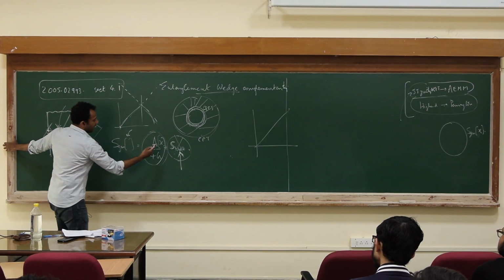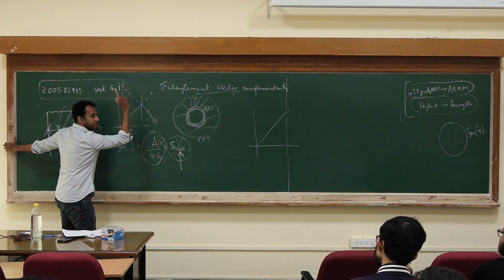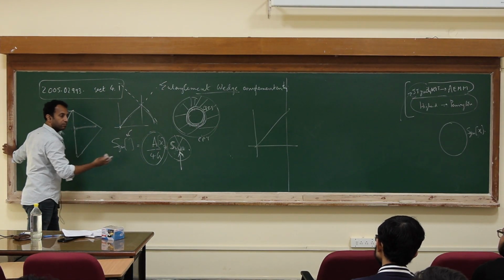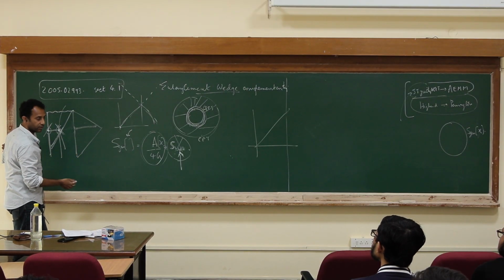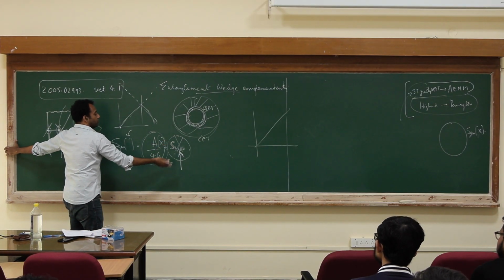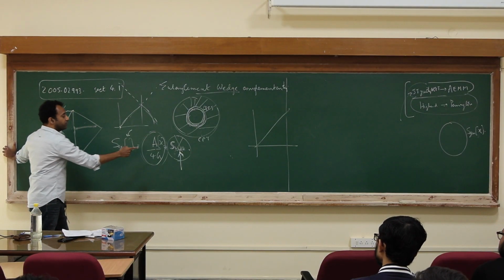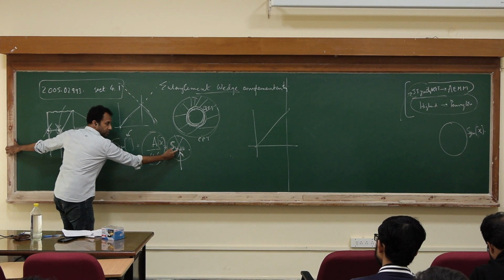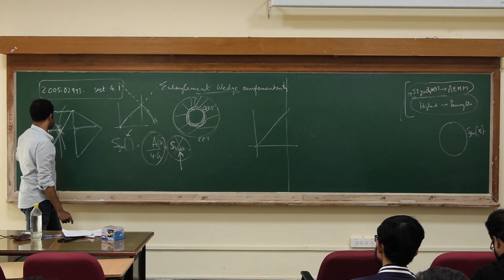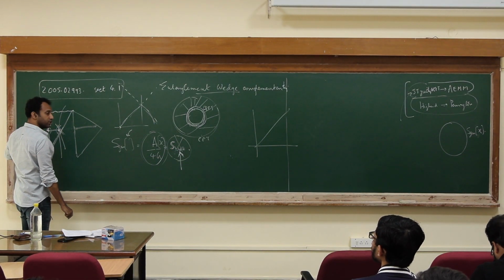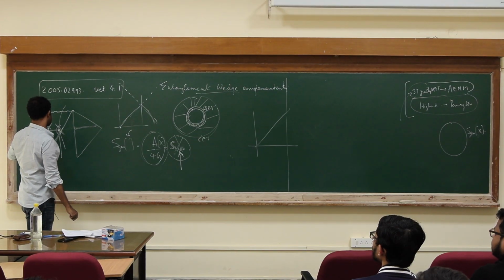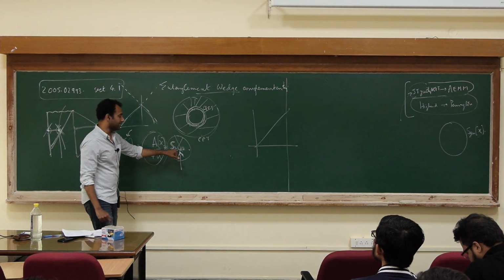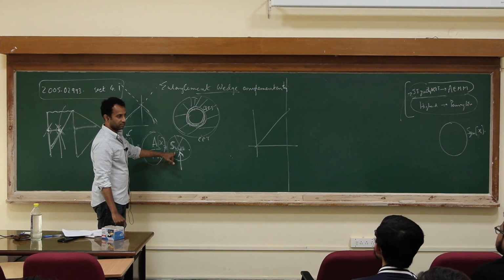Then after the Page time, S bulk is very large. It's bigger than the area of the black hole, basically. That's the definition of Page time, right? So this is much bigger. Which means that if you keep the minimal one, the minimal means the one at the origin, if you keep the QES at the origin, then you are going to keep S bulk, and S bulk will be big.